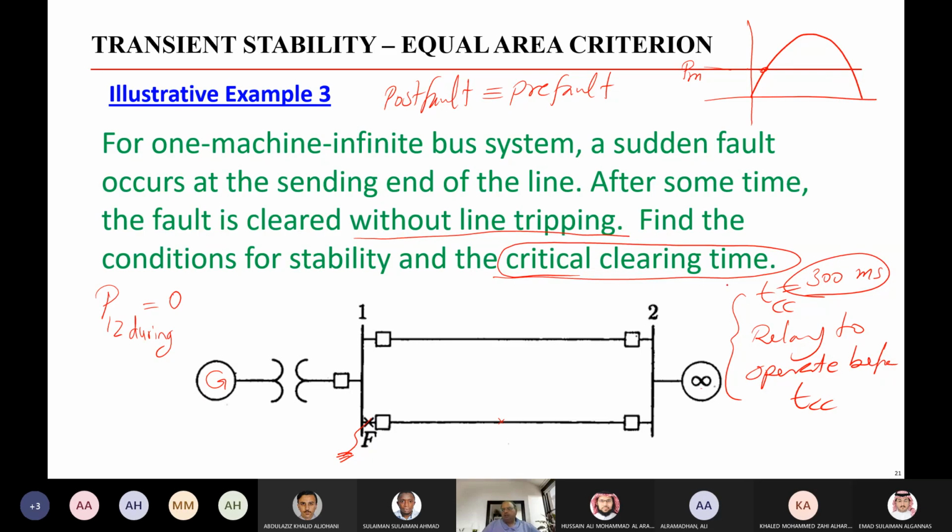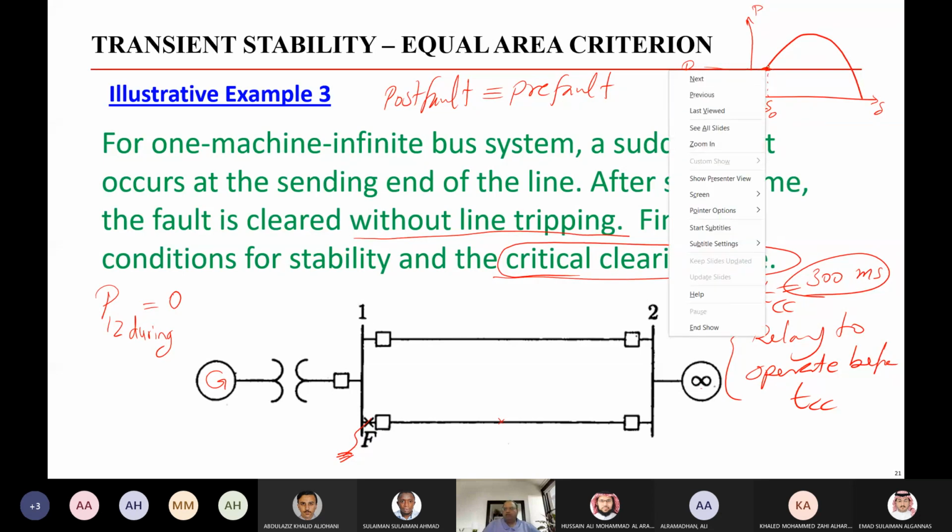I don't need to draw another line. So this is the mechanical power, this is delta zero, and the system operates at this operating point, and everything is fine. Suddenly the fault occurs at this bus. So how will this operating point move?